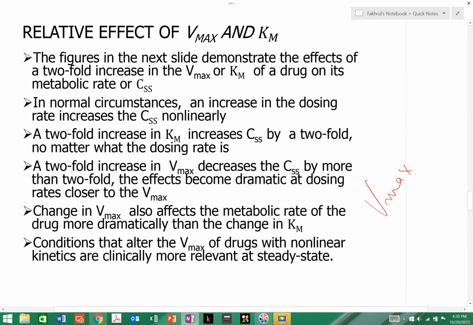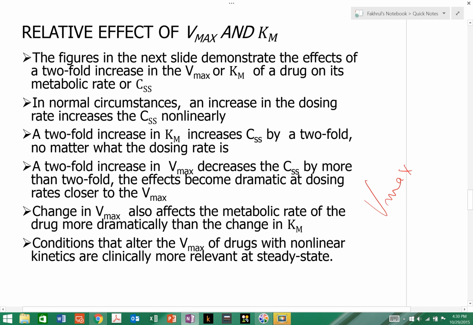Here you can see that in normal circumstances, an increase in the dosing rate will increase CSS non-linearly. For example, a twofold increase in Km will increase CSS by twofold. It does not matter what the dose is.